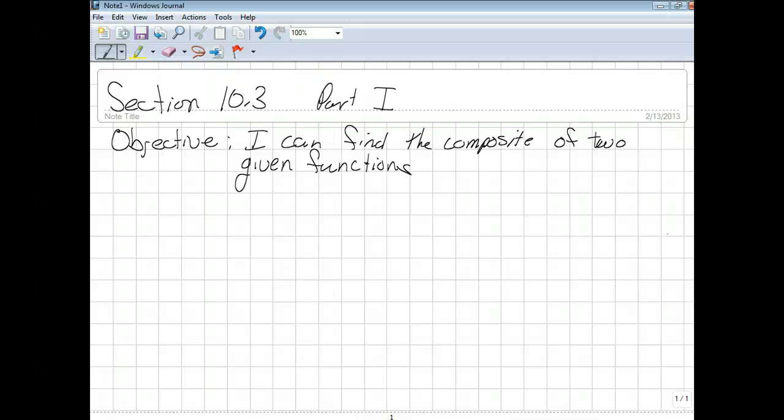Section 10.3, Part 1. Our objective today is to find the composite of two given functions. A composite of two given functions is defined as the function.